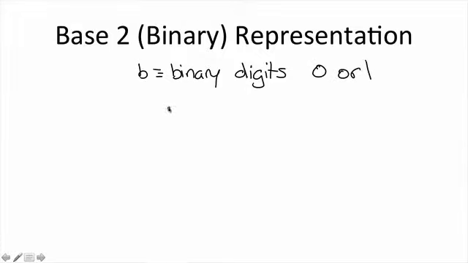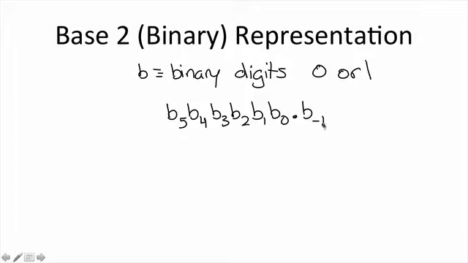And so suppose you have 8 digits. You might write something in the form B5, B4, B3, B2, B1, B0, dot, B minus 1, B minus 2. Oops, I've already represented 9 digits here. Pretend like I erased that one. Okay, so I have 8 binary digits here.